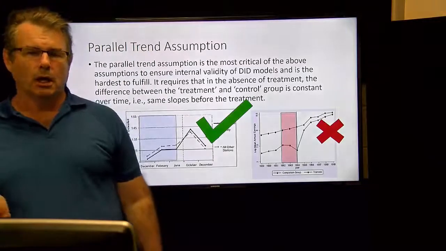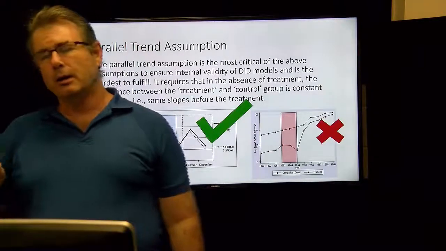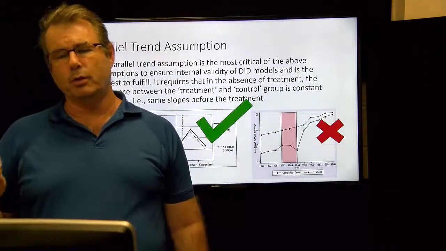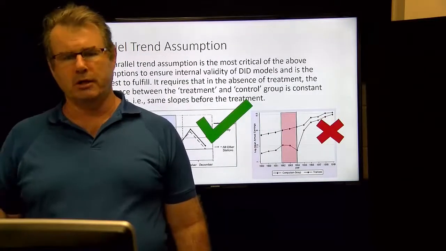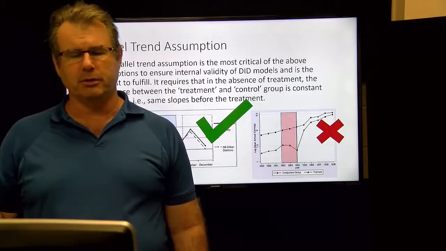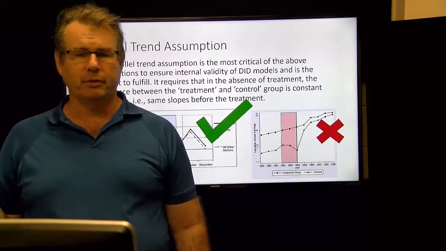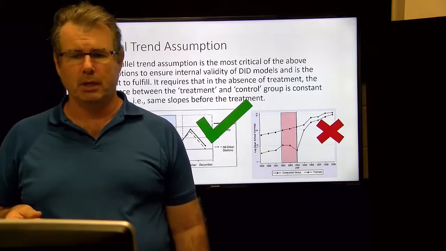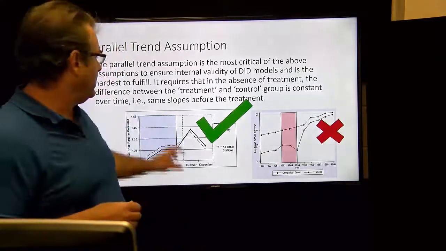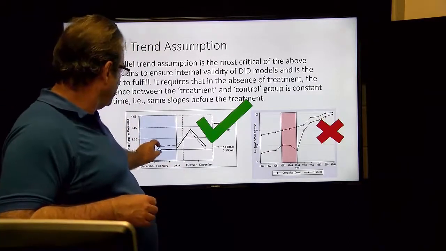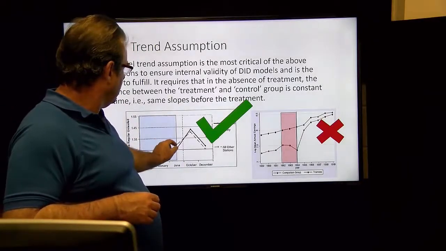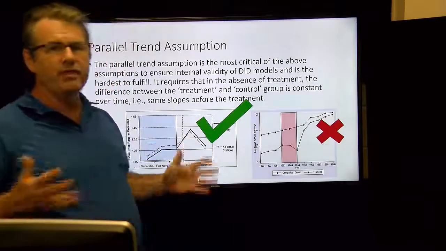Okay, so to explain a little bit better about one of the assumptions, we assume that there's a constant difference between the two, absent the treatment. And this is also referred to as the parallel trend assumption. All this means is that you tend to have the same distance apart until the treatment occurs, and then things can change.